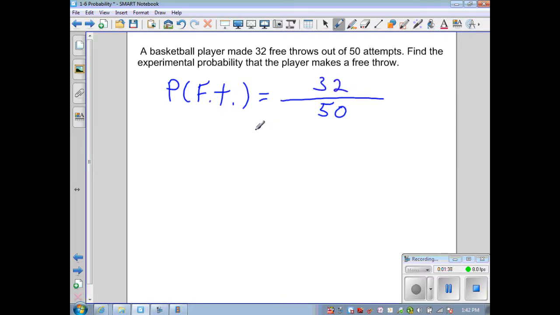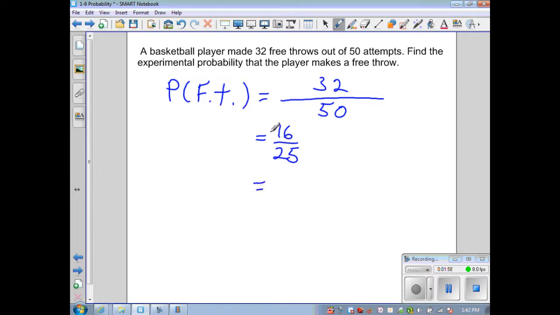Now all I have to do to determine the probability is to simplify my fraction. Here, when I divide by 2, that's going to give me 16 over 25. And that is the probability of hitting free throws for this player. What I could do is even specify further to actually give this a decimal.